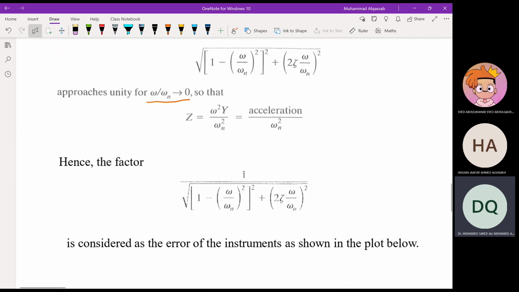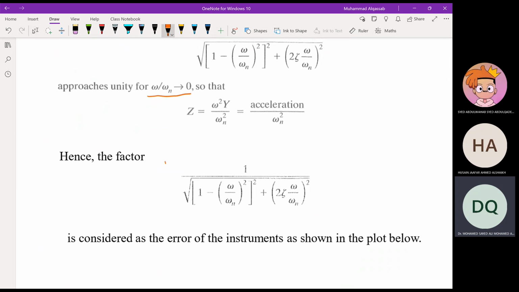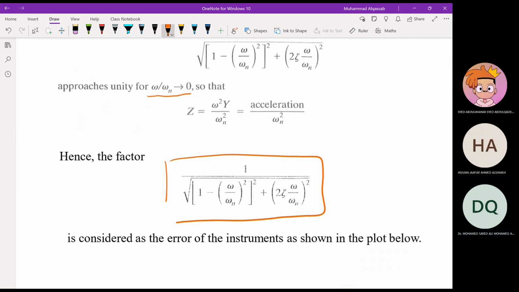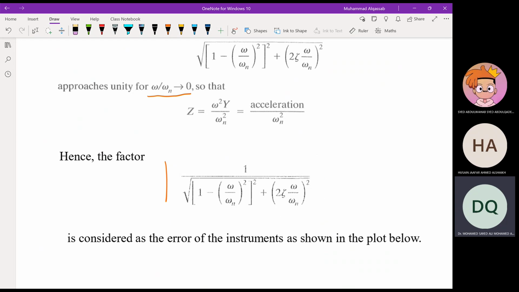So here is the error factor for the accelerometer, not z over y. The error factor will be 1 over the square root of 1 minus omega over omega n squared, all squared, plus 2 zeta omega over omega n squared. So we have two error factors.